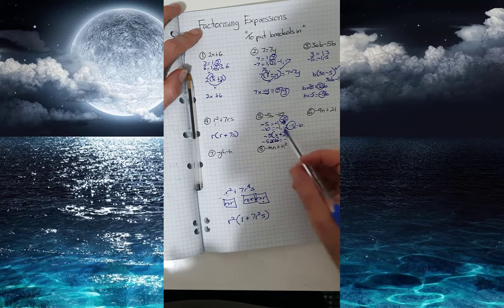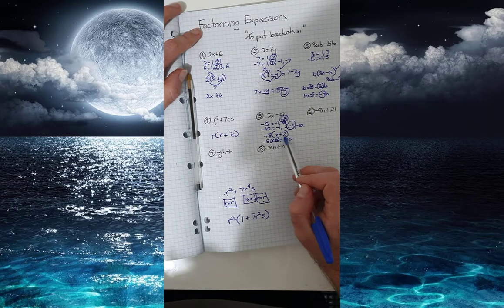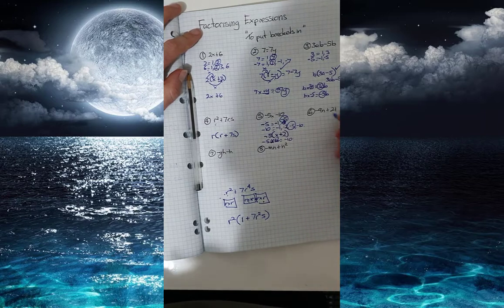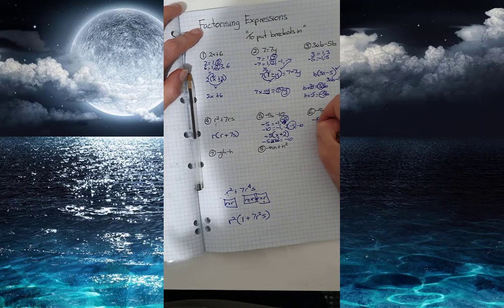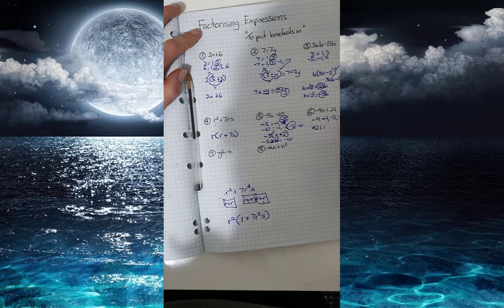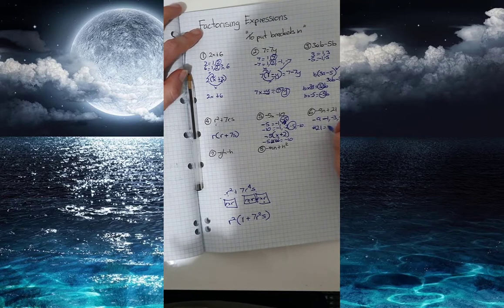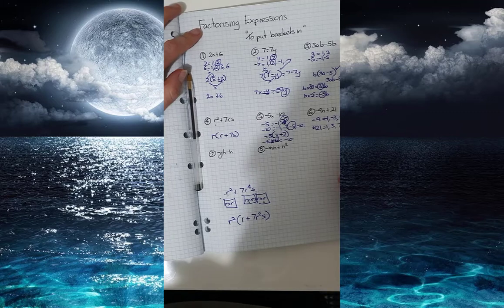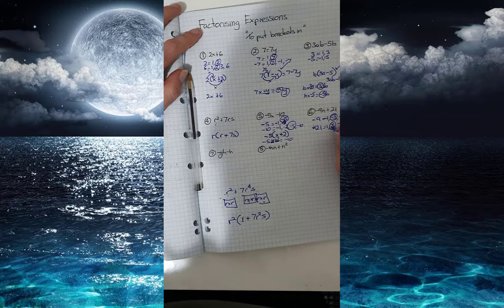And 21. Let's have a look. 1, -1, -3, and -9. So if we have a look here, 1, 3, 7, 21. Now the highest factor is 3, and because there is a negative sign in there, the highest common factor has to be -3. Put in some brackets. How do you go from -3 to -9n?